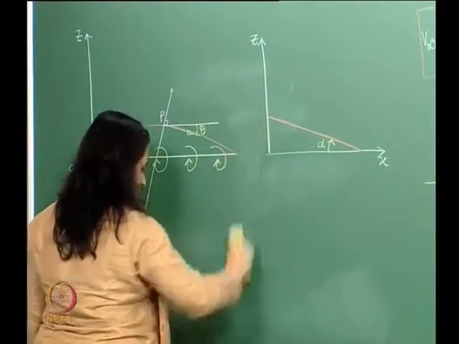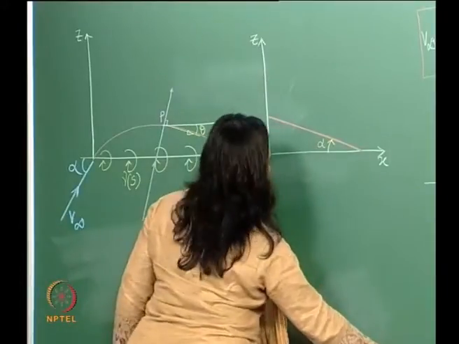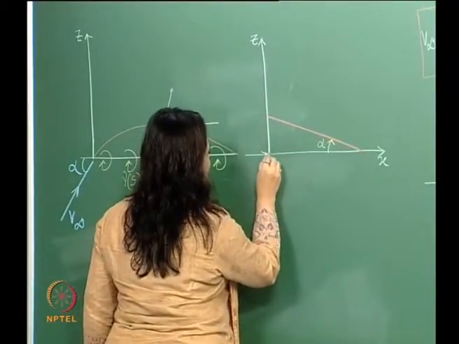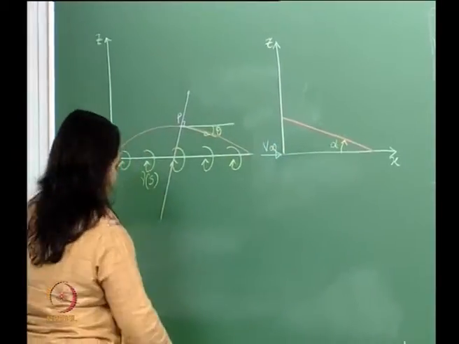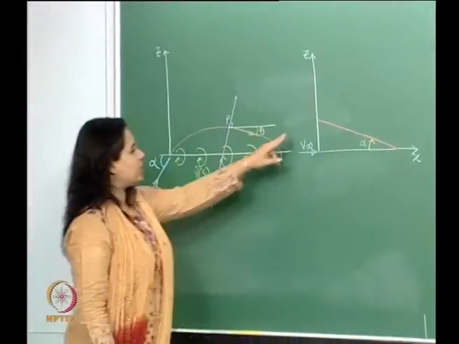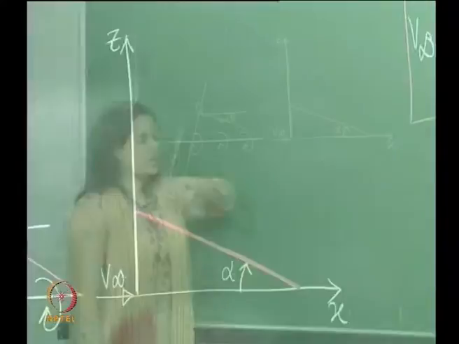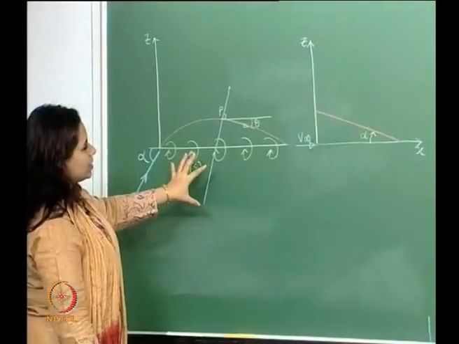So what we are saying in this particular case is that we have a free stream which comes like this. This is my free stream. So you see here, this actually is now the streamline. Compare that with this over here.